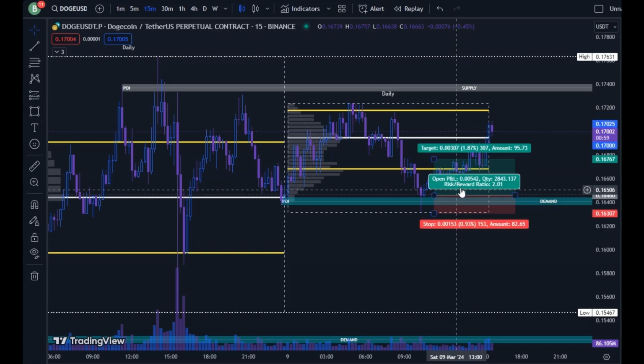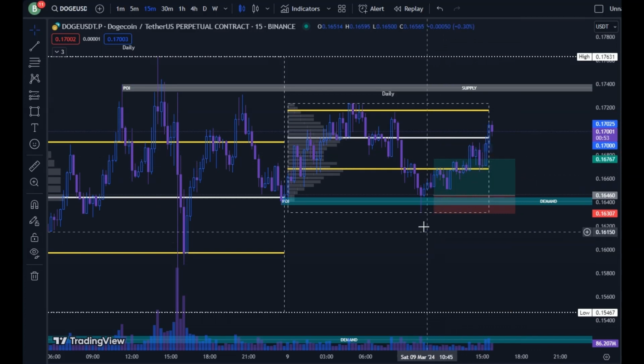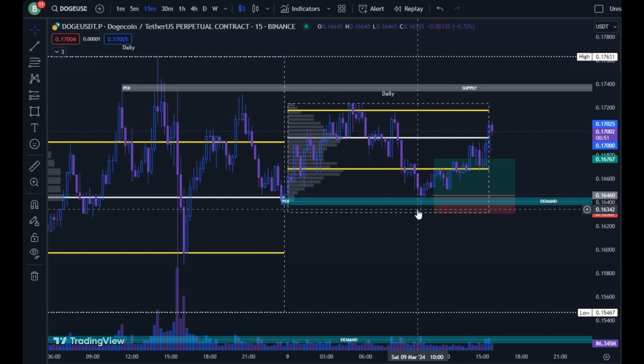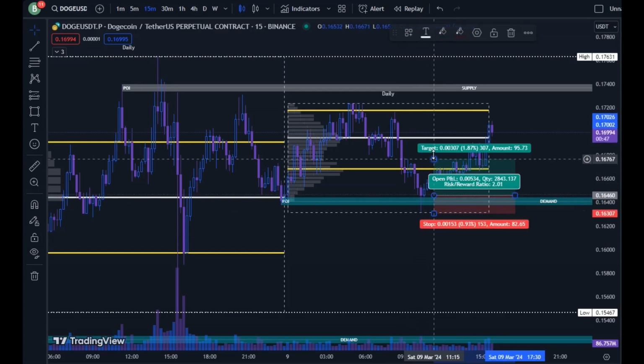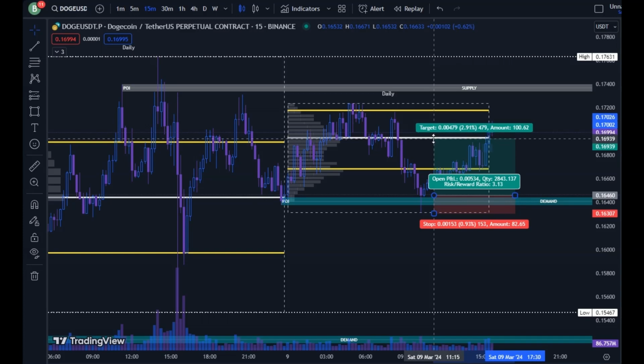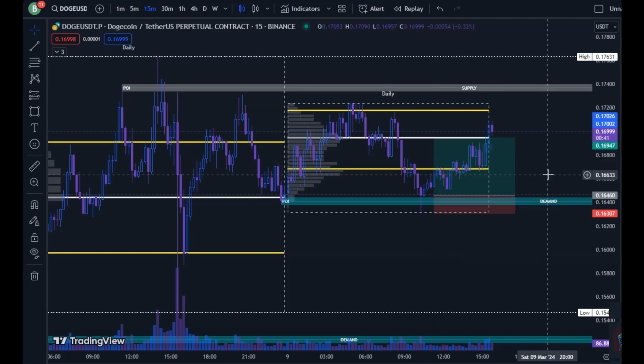I could have even potentially gone a bit longer. Normally what I do is I see a rejection candle, I take my long, and I aim back for the point of control, which is there, which gives me a 1 to 3. And I've won that trade.